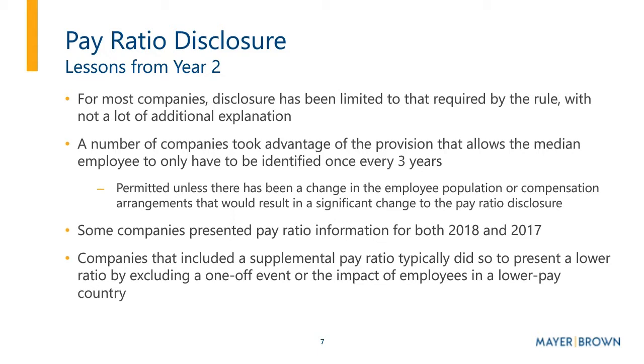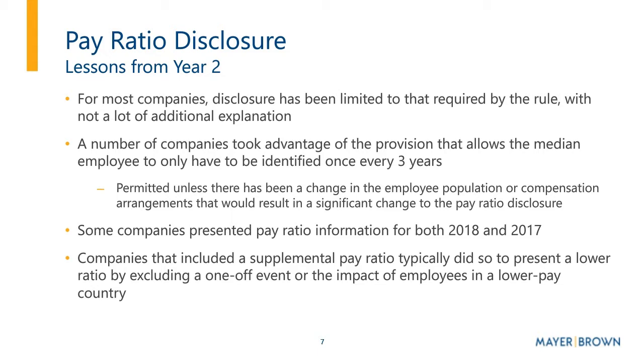Companies that used them often did so to present a lower pay ratio when taking into account certain adjustments to CEO pay components or to exclude certain employee populations like non-U.S. employees or part-time and temporary employees. Common CEO pay adjustments included one-time or sign-on bonuses, annualizing multi-year performance awards, and excluding pension payments.